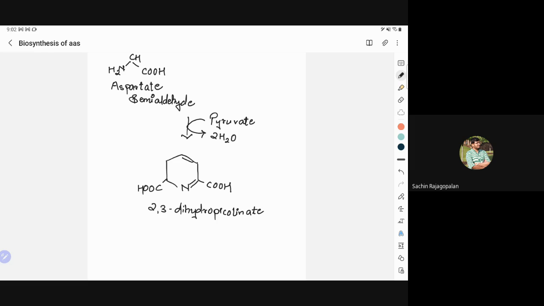And obviously, because you are carrying out condensation and you are fusing two compounds to form dihydrodipicolinate, the enzyme that's going to be involved over here is dihydrodipicolinate synthase. So you're fusing pyruvate and aspartate semialdehyde, removing two water molecules in the process, and you are synthesizing dihydrodipicolinate. Enzyme is dihydrodipicolinate synthase.